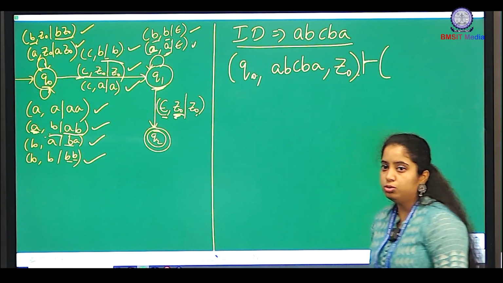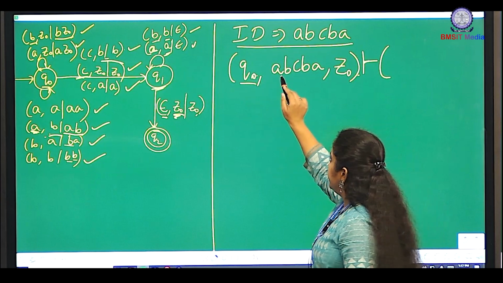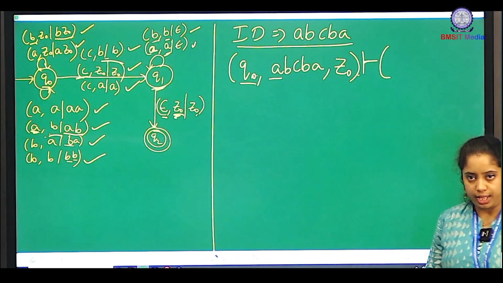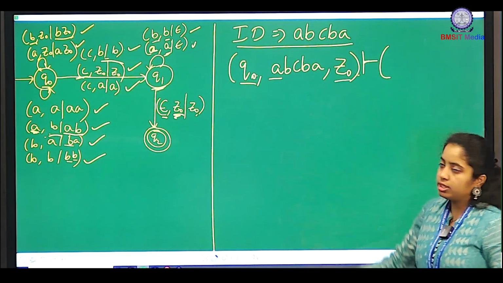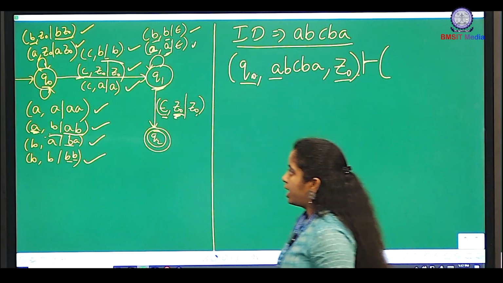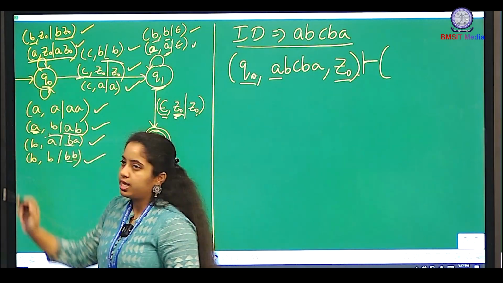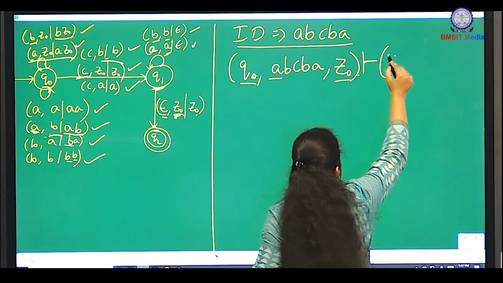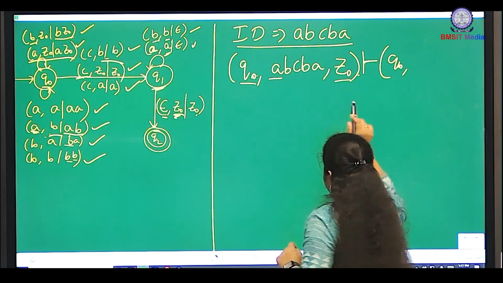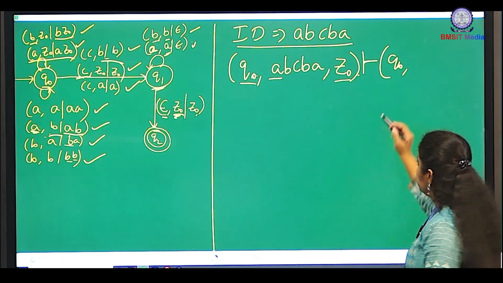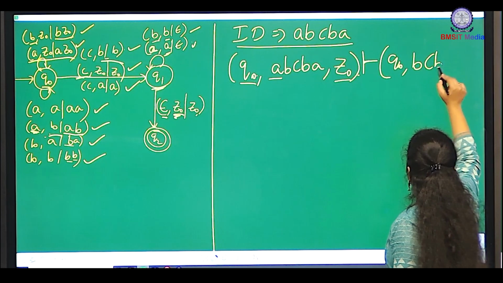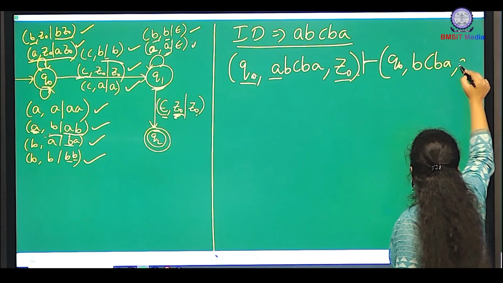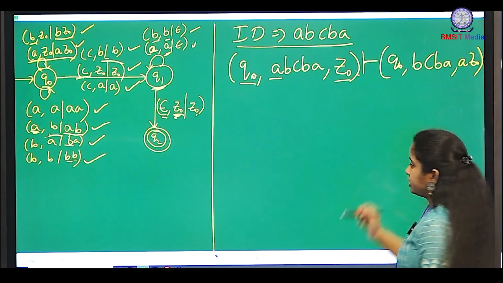So next, Q naught is reading A and Z naught is on the top of the stack. So as per this transition, you will stay in state Q naught, and the remaining string is BCBA, and A is pushed onto the stack.